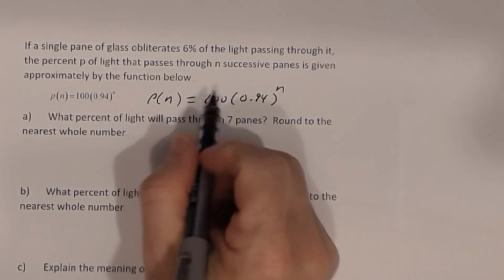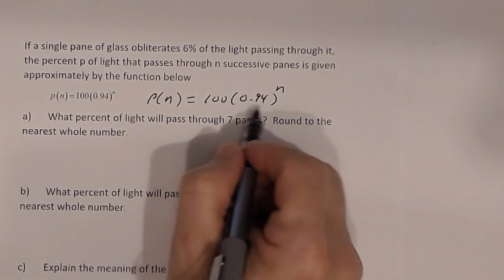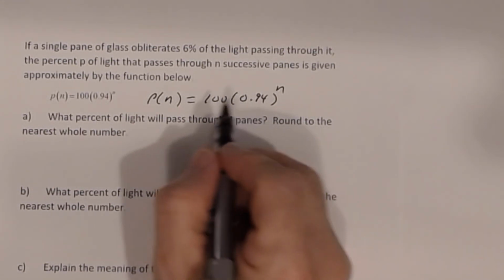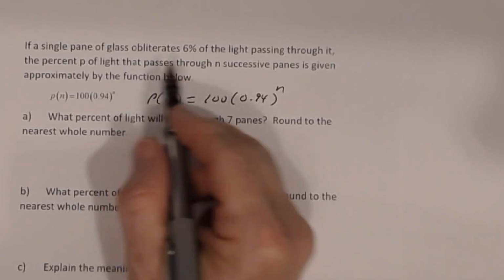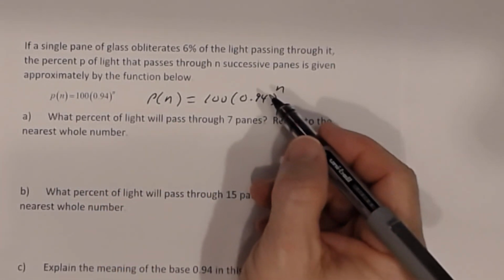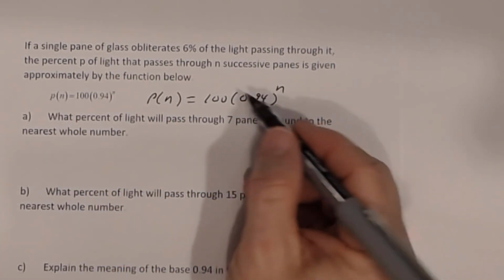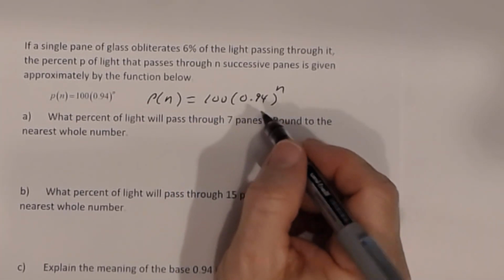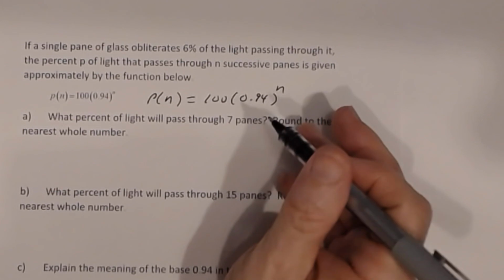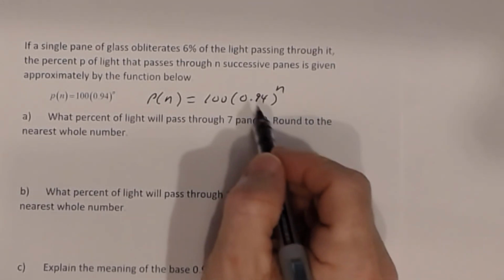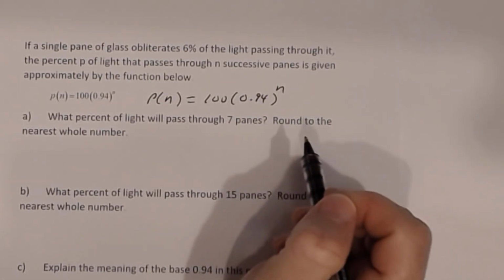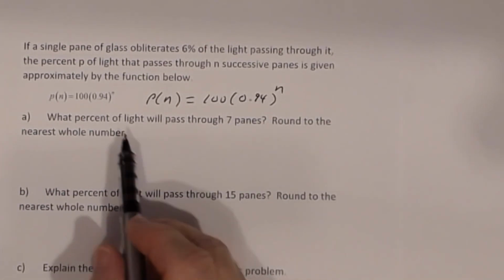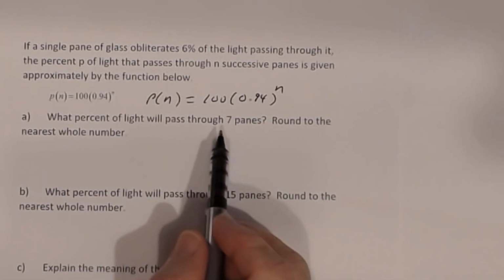So 6% of the light is blocked out. So each pane is keeping 94% of the light. So it's blocking 6% of the light. Right. So you don't have a very clear glass. It's not where 100% of the light goes through. Only 94% of the light goes through. That's what this means. So it says, what percent of the light will pass through 7 panes?